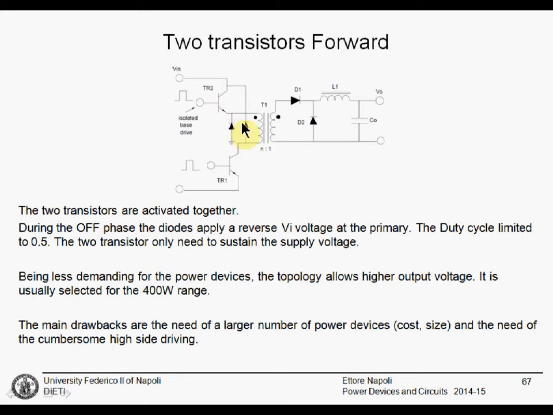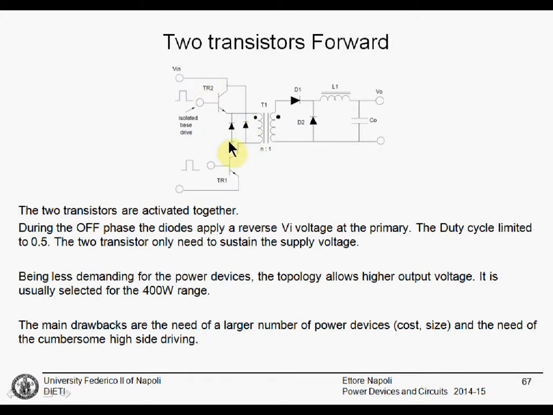But since there are these two diodes, the current can actually do this path. It starts from the ground, passes through this diode, like D3 in the forward converter with tertiary winding that we studied, flows through the primary winding, and then passes through this fourth diode, let's say D4, and goes back into the power supply.